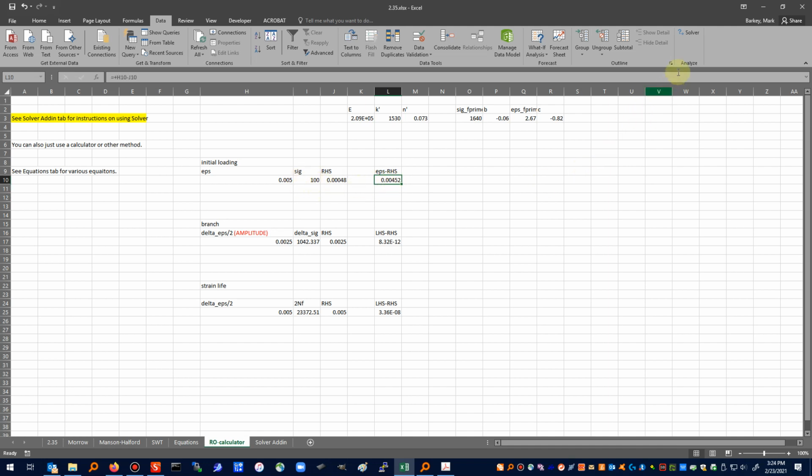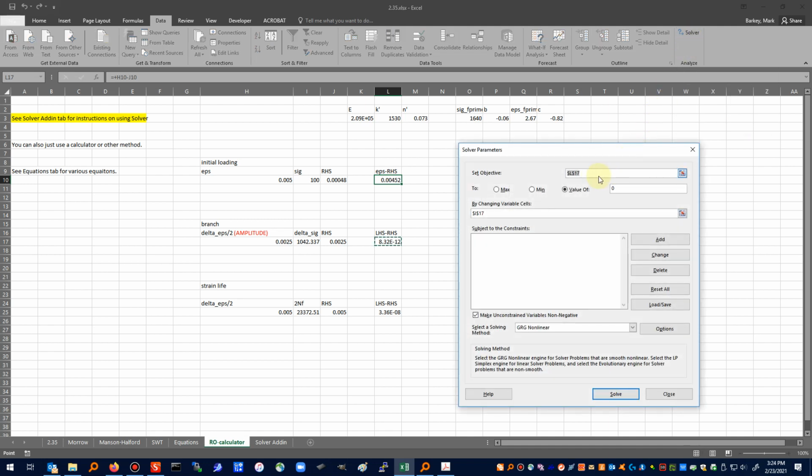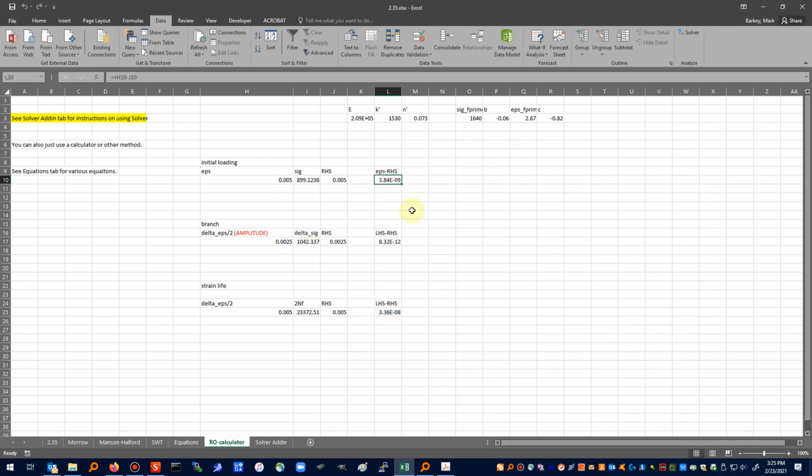So we're going to use the solver. I'm going to hit the solver button and set my objective to be this cell, with a value of 0. You're going to have some options here. Make sure it says value of 0 by changing the variable cell, this one. And that drove it even smaller. So it looks like the stress that corresponds to this value of strain is 899 megapascals.